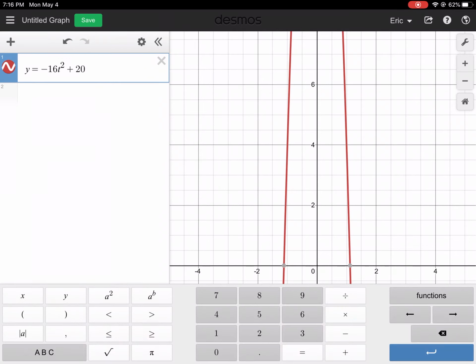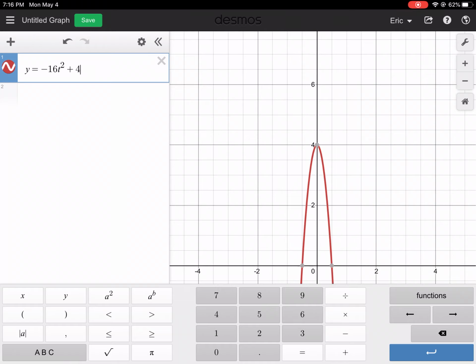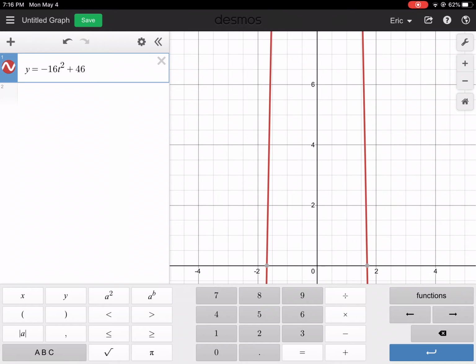So we can do the same thing for your turn on number 5, where it says a squirrel in a tree 46 feet above the ground throws a chestnut that lands in a bush 36 feet below. So we're going to have y equals negative 16t squared plus 46. That's one of your equations.